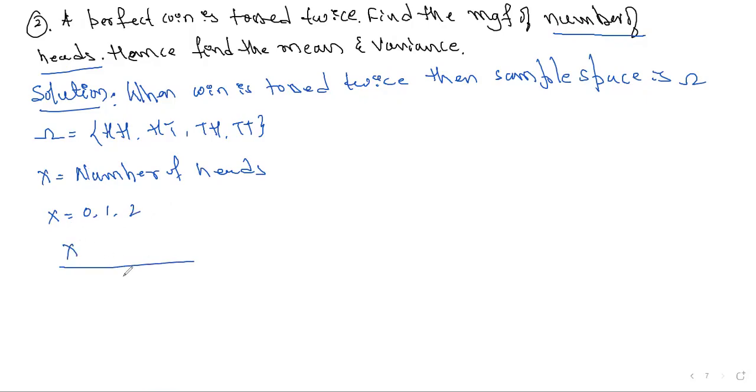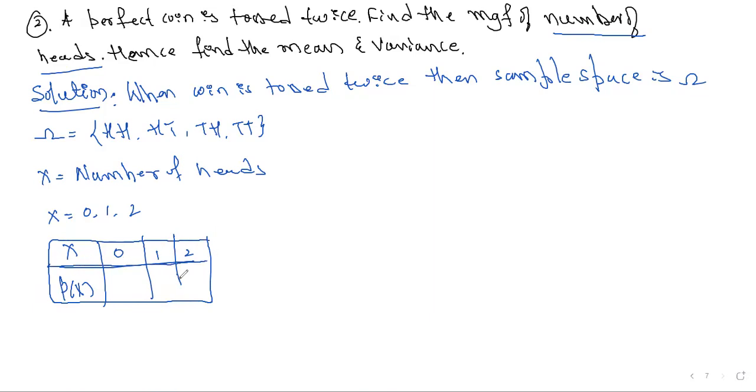Now, if you consider its probability distribution, when X is 0, when X is 1, and when X is 2: whenever X is 0, probability is 1 by 4. When X is 1, here 1, here 1 means 2 by 4, that is 1 by 2. Here, 1 by 4. This is our distribution.